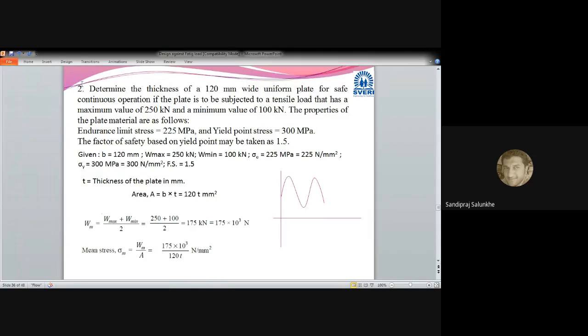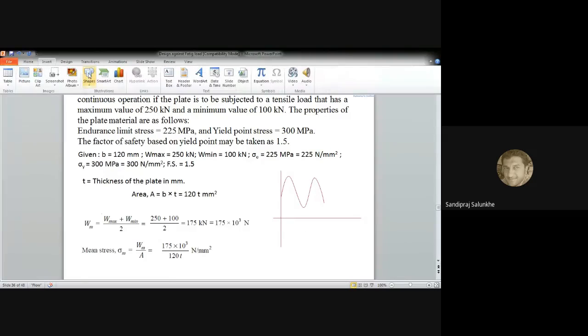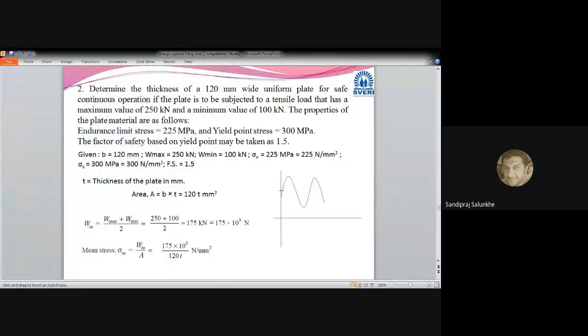So this is the nature of load. It is fluctuating and never touches zero. So we have to calculate its mean stress value. Somewhere here the mean stress will come, and this mean stress value we have to calculate.